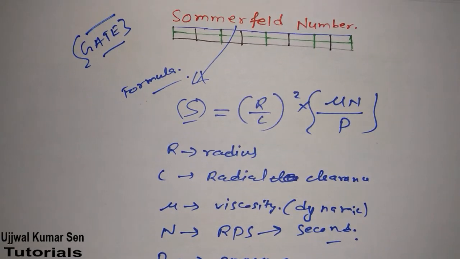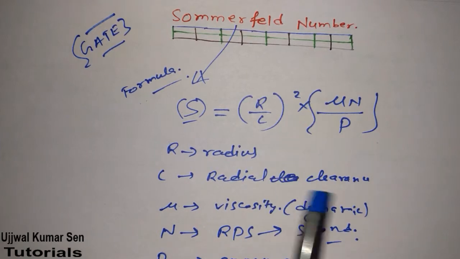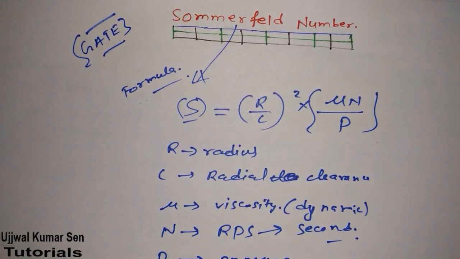A number is always unitless. 1, 2, 3, 4 don't have any units, so that's why Sommerfeld number is dimensionless. We put the values in this formula according to the question and we'll get the answer.